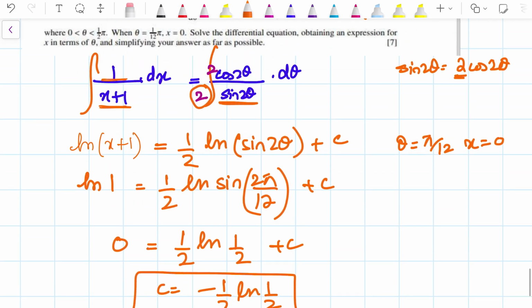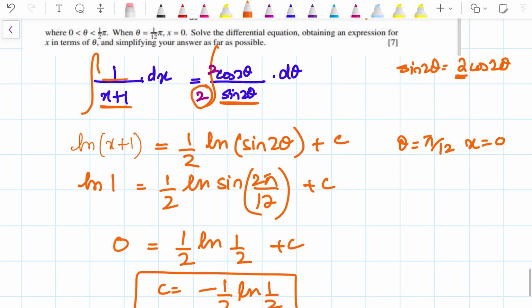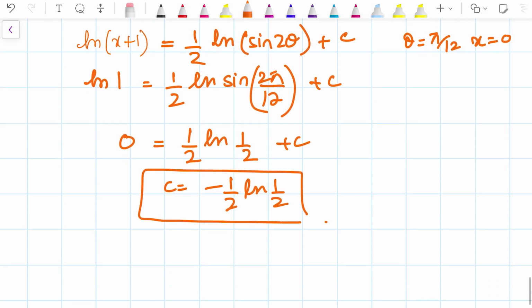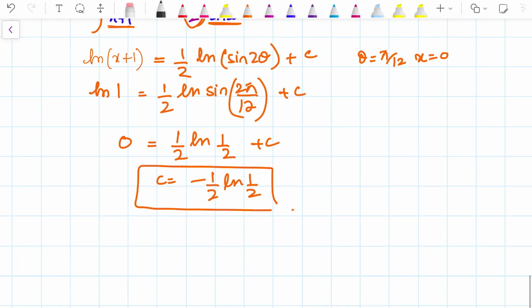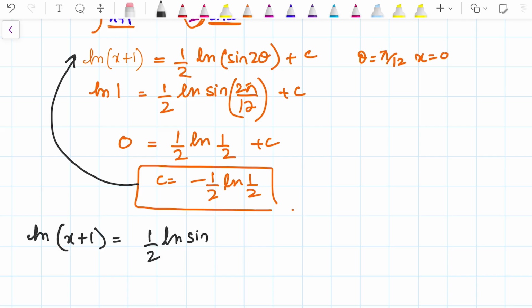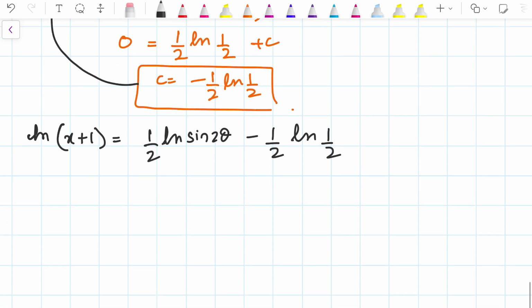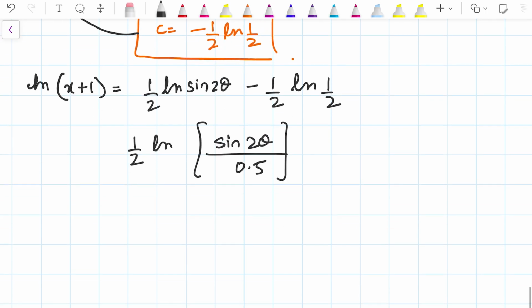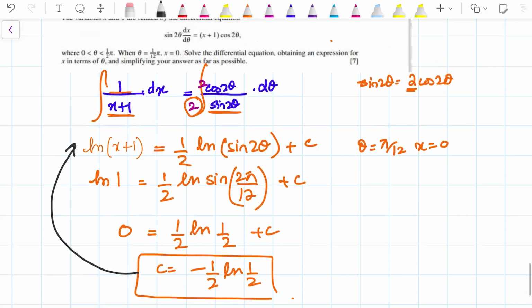Now, solve the differential equation, obtaining an expression for x in terms of theta. Let's input the value of c back in this equation. Sine 2 theta divided by 0.5. Okay, now there's a square root on it.